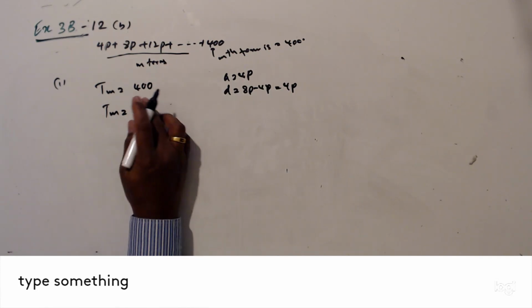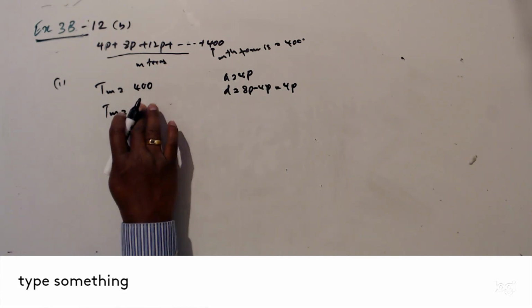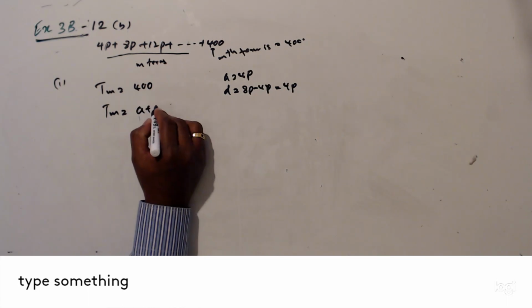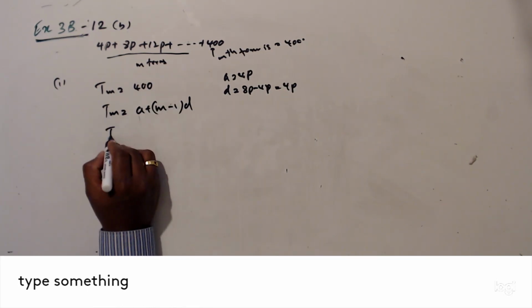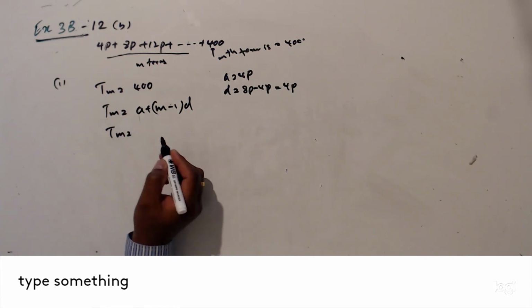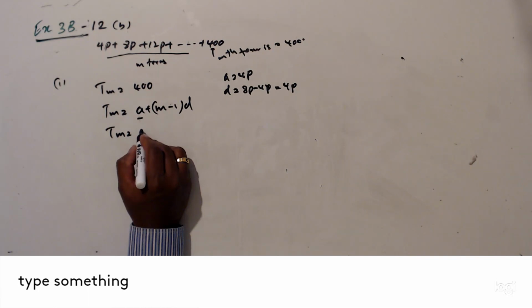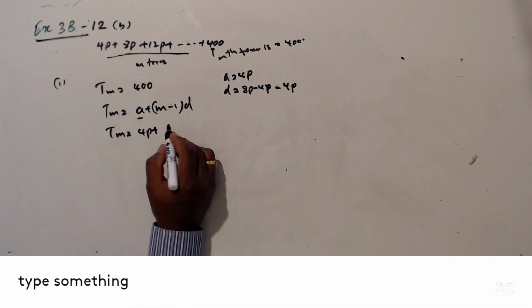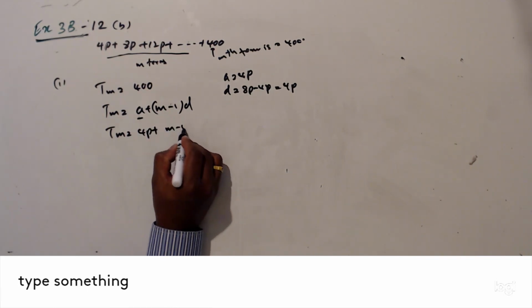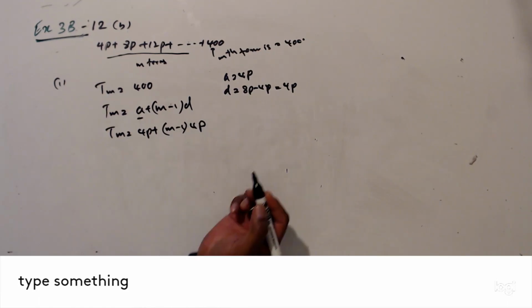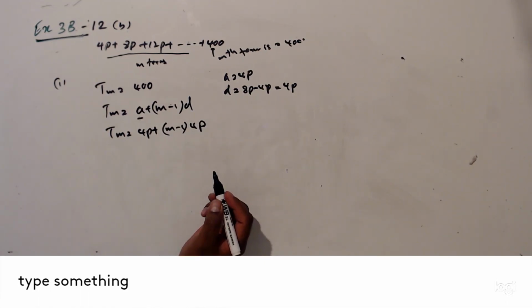So this is A plus m minus 1 times D. So Tm equals 4p plus m minus 1 times 4p.